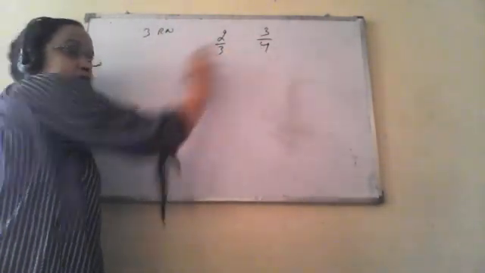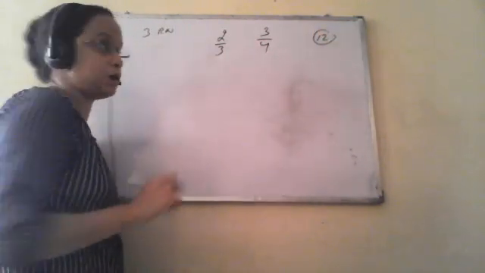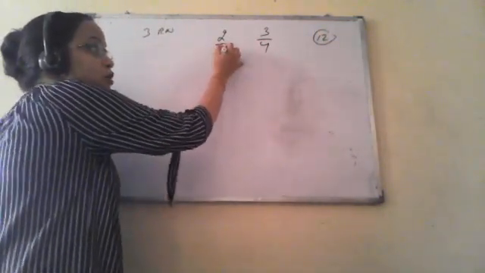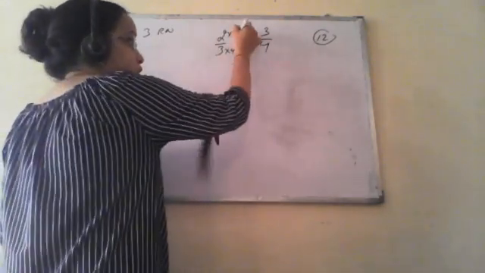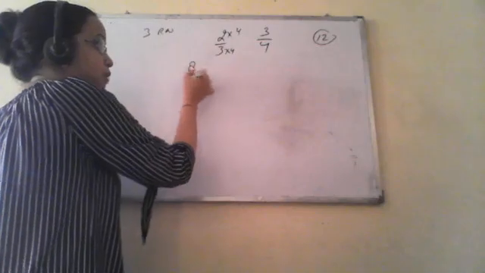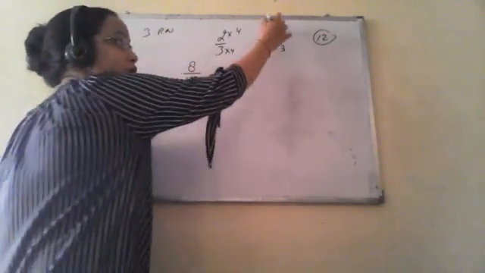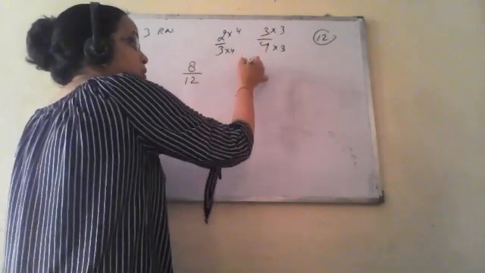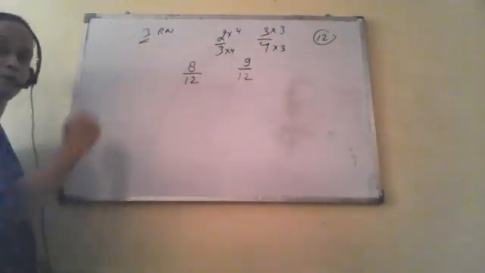So the LCM of 3 and 4 is 12. So we have to make their denominator 12. In order to make 3 into 12, we have to multiply by 4, and the numerator we have to multiply by the same number. So this fraction will become 8 upon 12. For the other fraction, we have to multiply 4 into 3 and 3 into 3, so it will become 9 upon 12. Now we have to find three rational numbers.